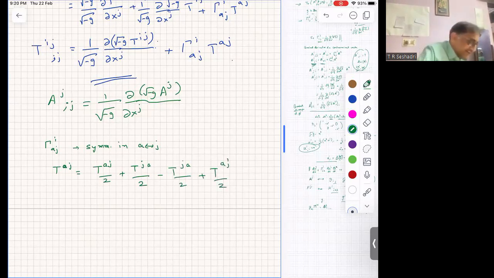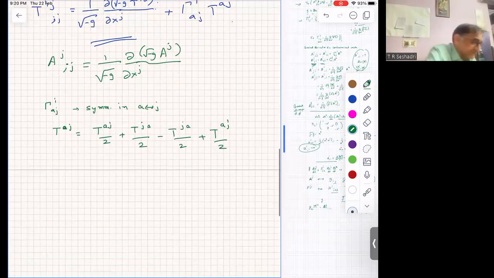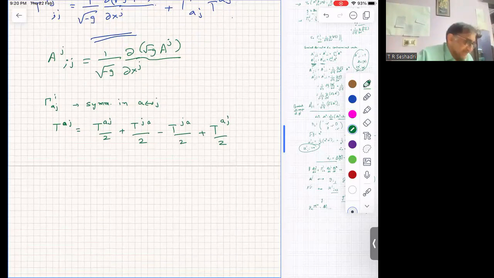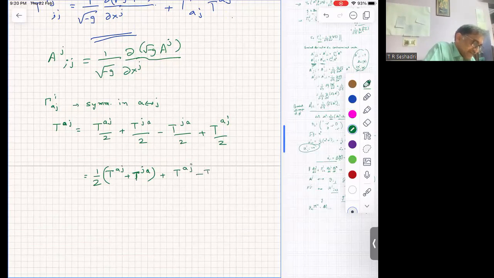I just added and subtracted the terms after interchanging J and A. Remember, T need not be symmetric. So this is equal to half (TAJ plus TJA) plus half (TAJ minus TJA).